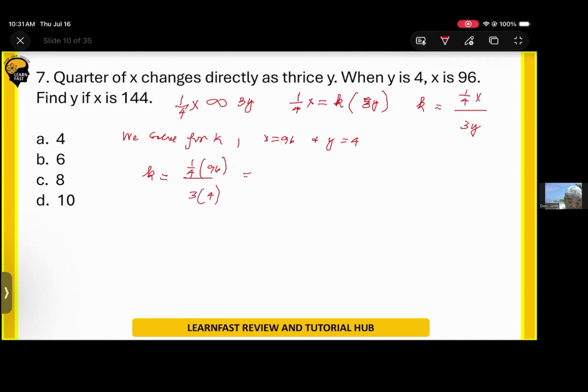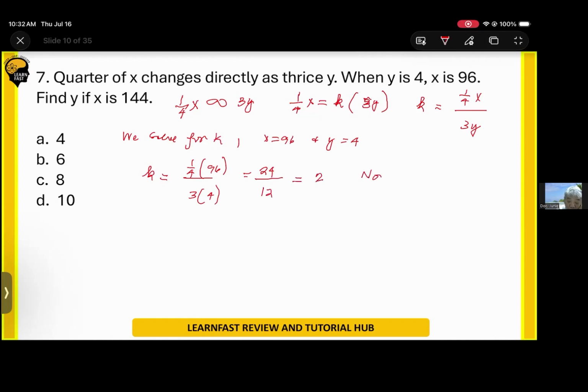So 1/4 of 96 is how much? 24. Divided by 3 times 4, which is 12. So your k value is 2.